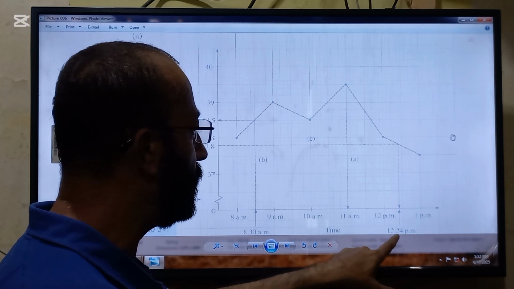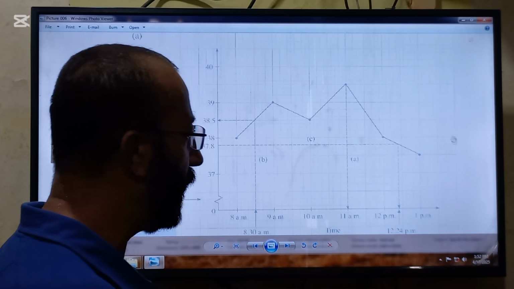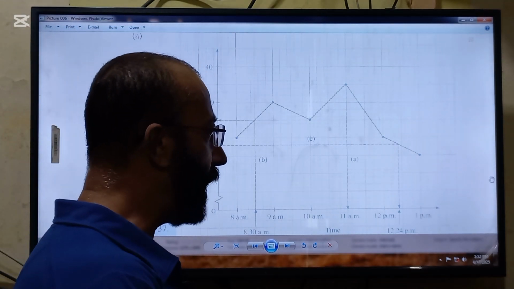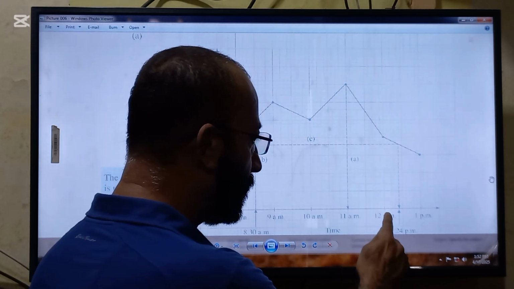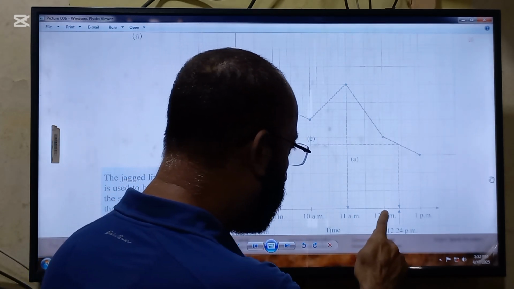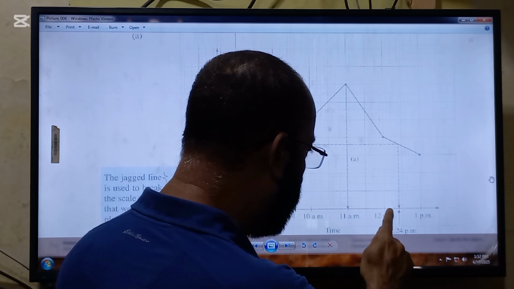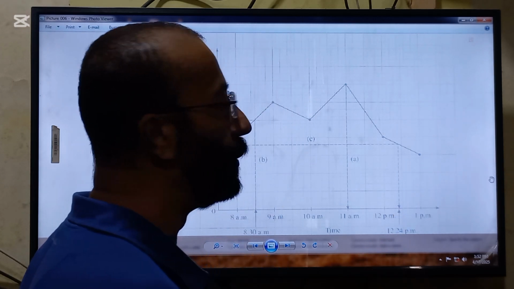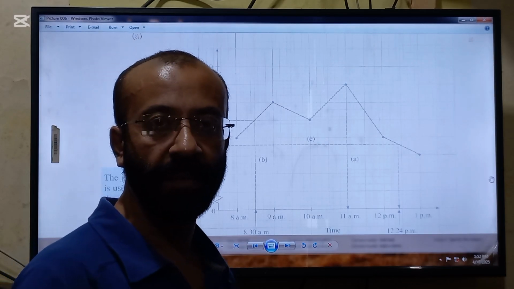So that is 12:24. We calculated at the beginning that one small box represents 6 minutes, so after 12 it is 6, 12, 18, and 24, so the time is 12:24. So this is the solution.